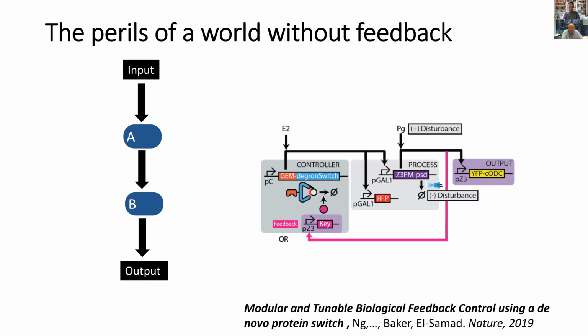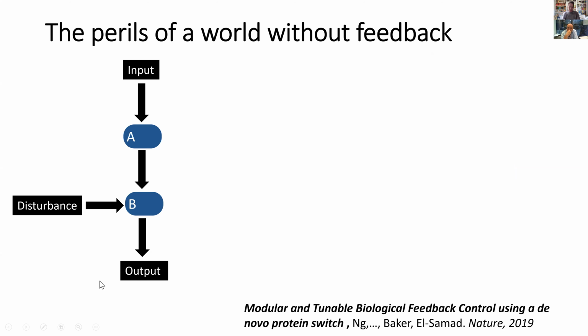Now, the experiment to test the feedback here would be: I give the circuit an input, generate an output, and the system settles at this output, and then I come and shake that circuit. So I add a disturbance. What happens to the system with feedback or without feedback? This is testing the classical notion of homeostasis through feedback.